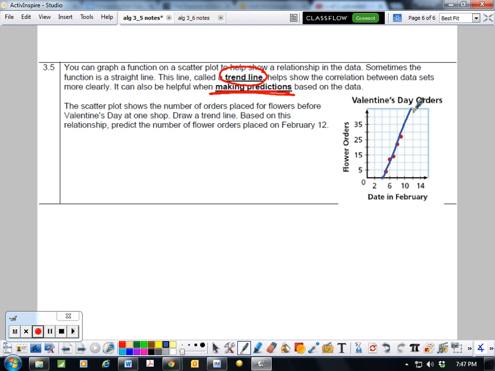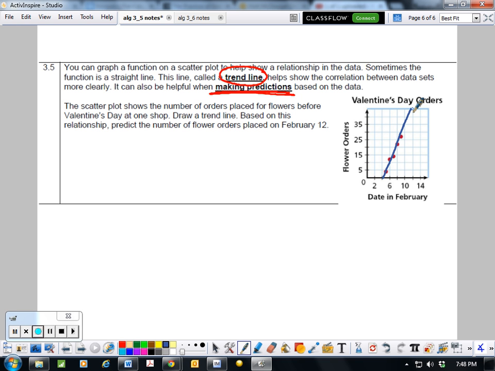If you have a graphing calculator, I could show you how to do that on the calculator, but if not, don't worry about it. In Algebra 2, you'll have to do that a lot. If you're going into Algebra 2, which is like a college level algebra, you'll want to make sure you have that graphing calculator.